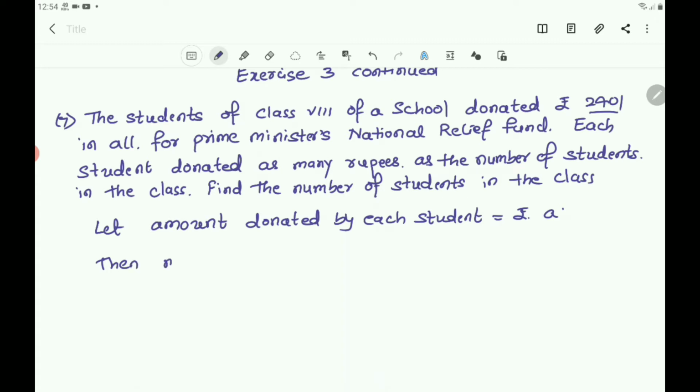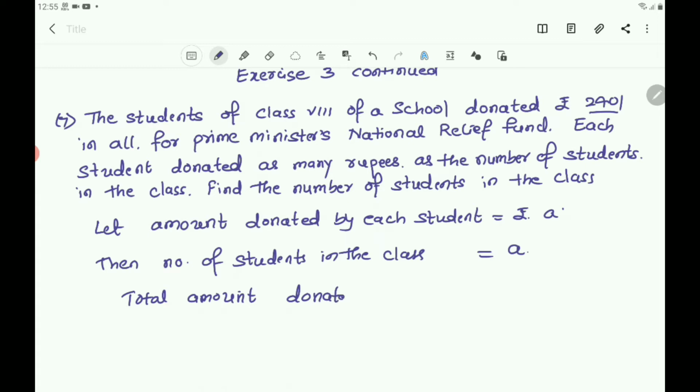Then the number of students in the class is also A. Now the total amount donated by the class equals how much?